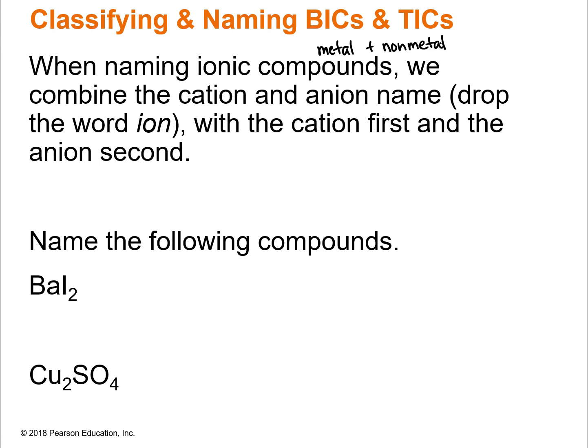Binary has 1 and 1. Ternary has 1 metal plus usually more than 1 nonmetal. A better way to say that would be a metal plus a polyatomic anion, so one of the anions from the chart that I just showed you.